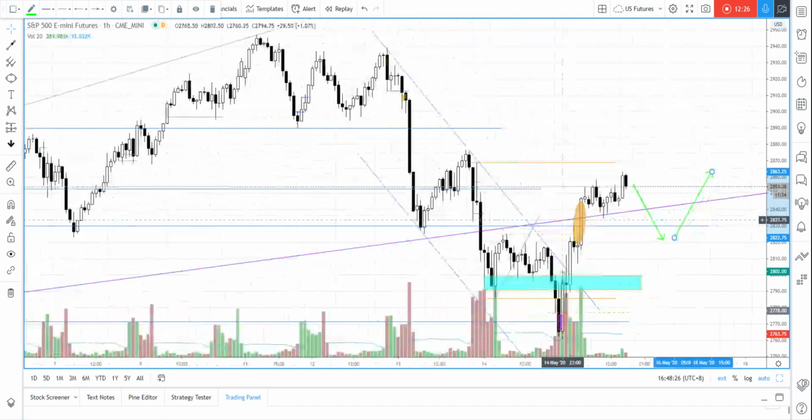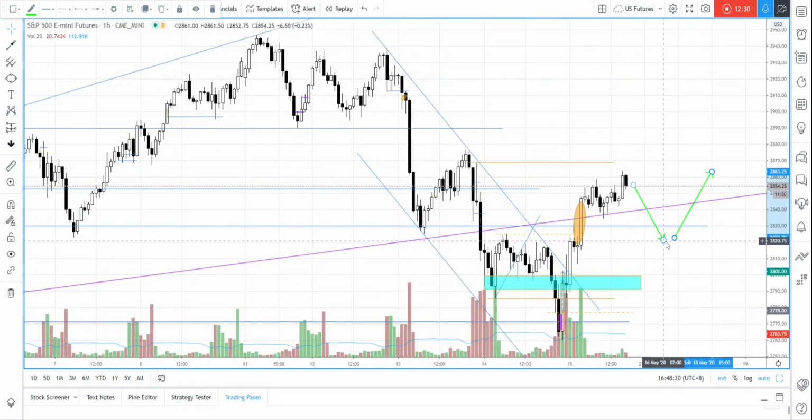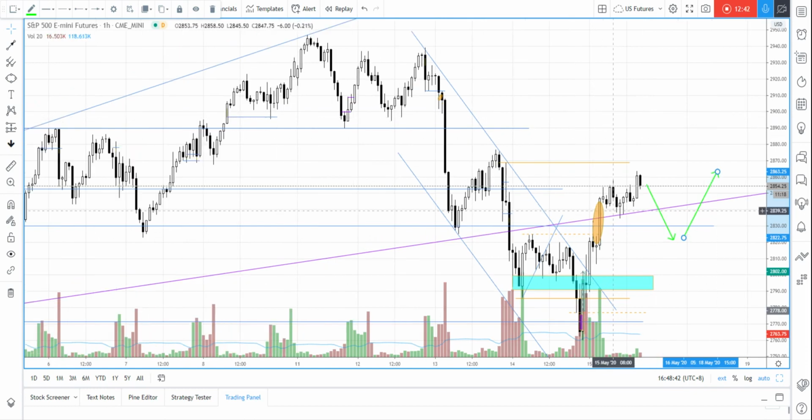So going forward, for the potential trade, I talk about this pullback for the long entry. At the moment this is one of the things I'm considering, because I'm not that keen on a short entry, given that we had a great change of character yesterday, a sharp rally up.